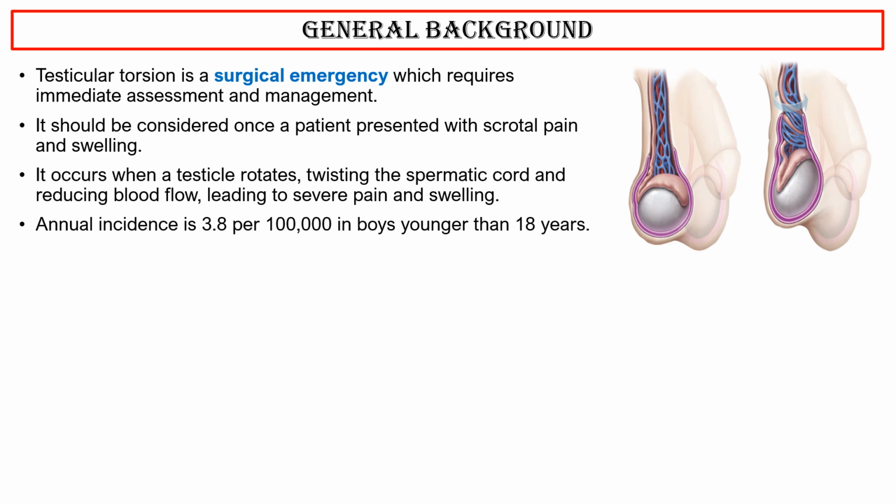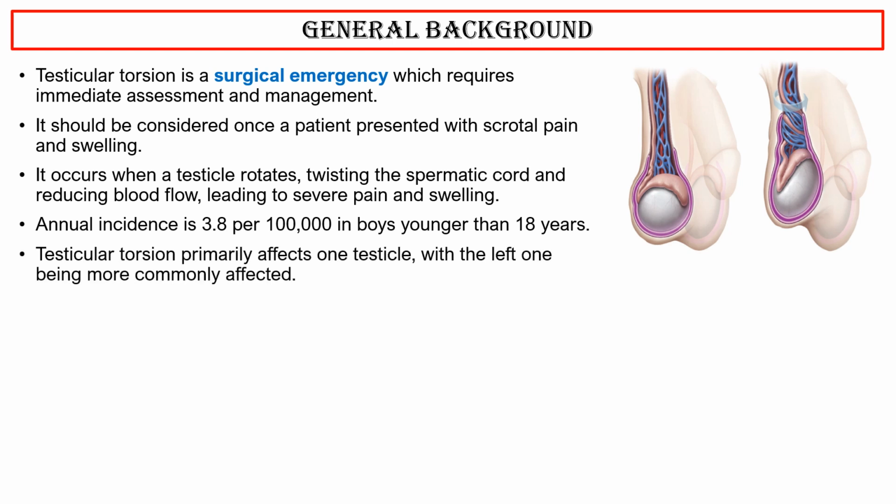Annual incidence is 3.8 per 100,000 in boys younger than 18 years. Testicular torsion primarily affects one testicle, with the left one being more commonly affected. 12 to 21% of neonatal cases are bilateral.